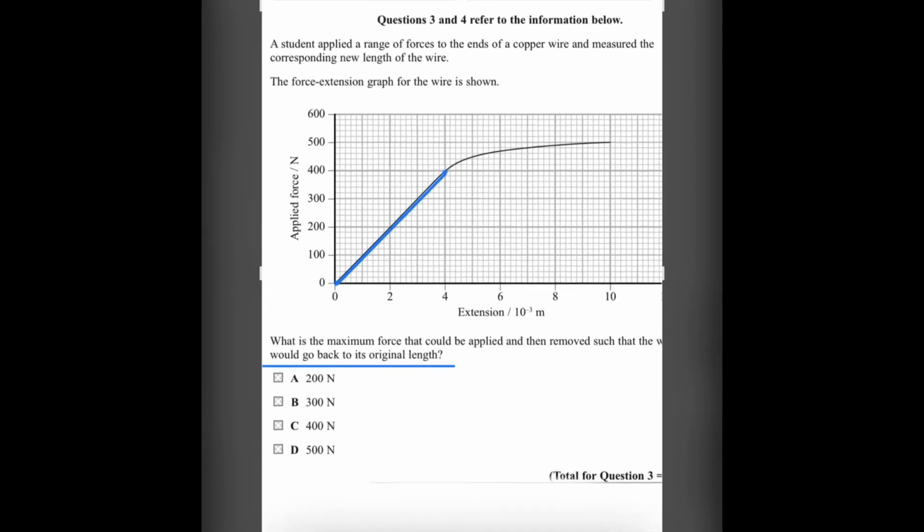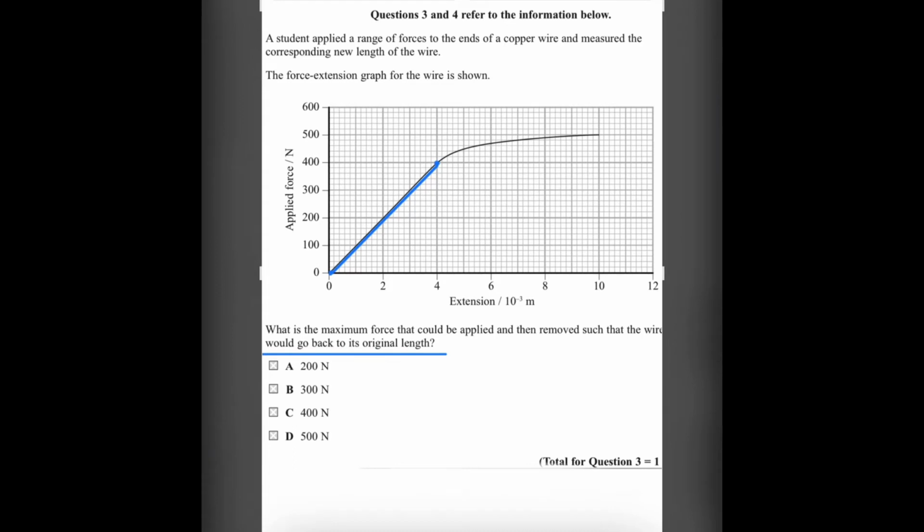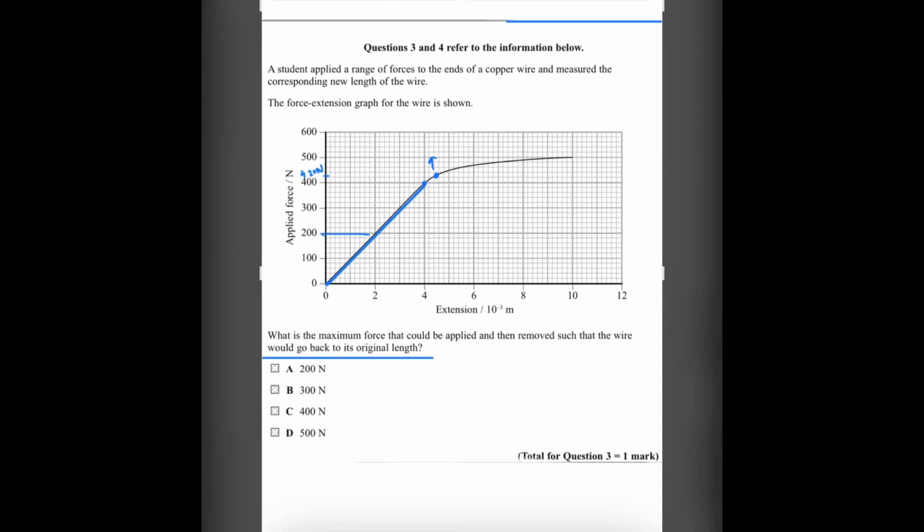So this point is the limit of proportionality, and this point is the elastic limit.